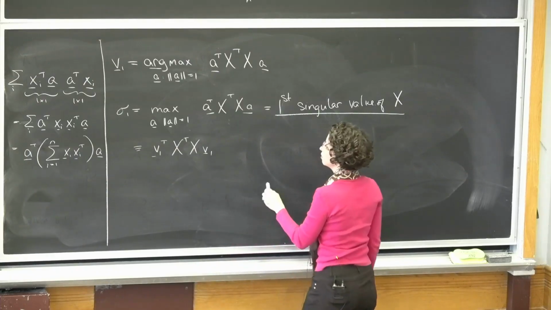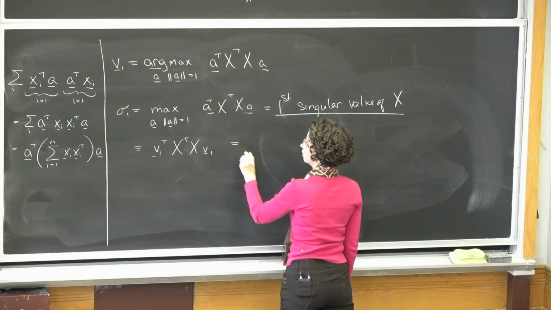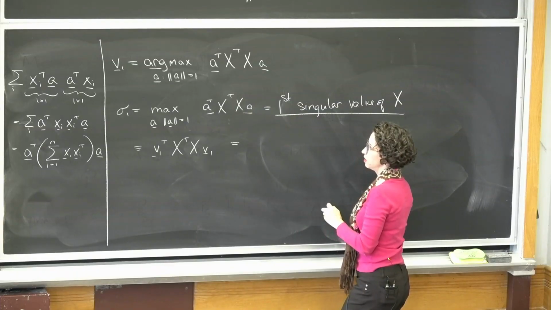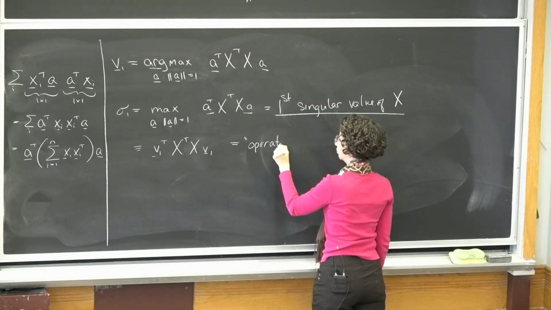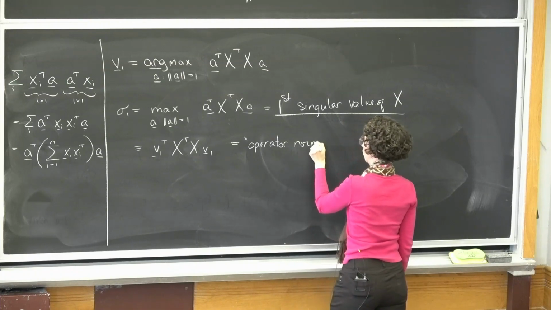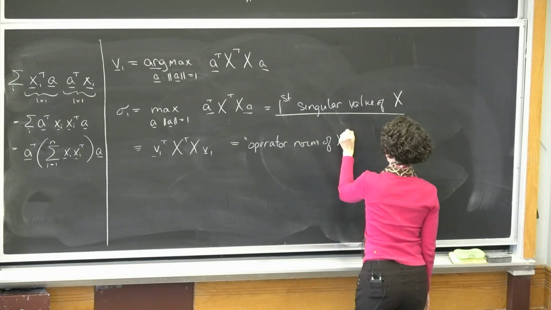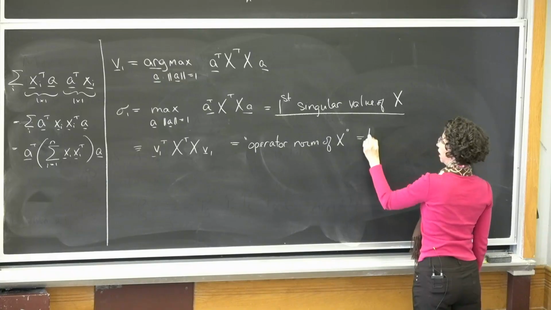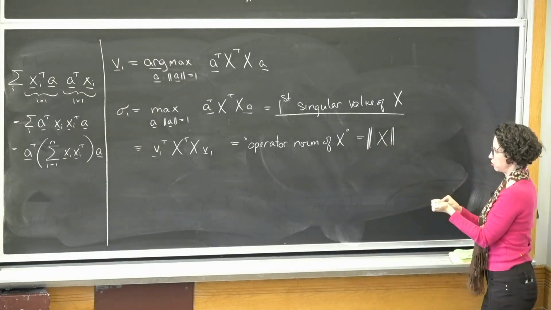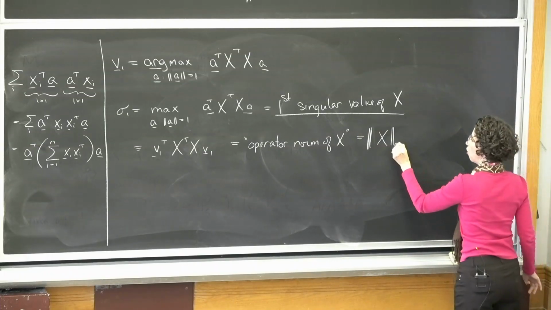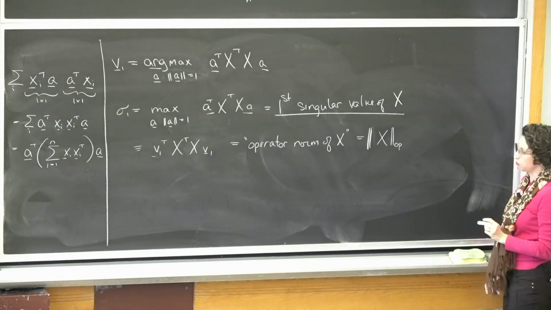So sometimes people also call sigma 1 the operator norm of a matrix. And they will write it using the same norm notation of the matrix. And they might write OP here for the operator norm.